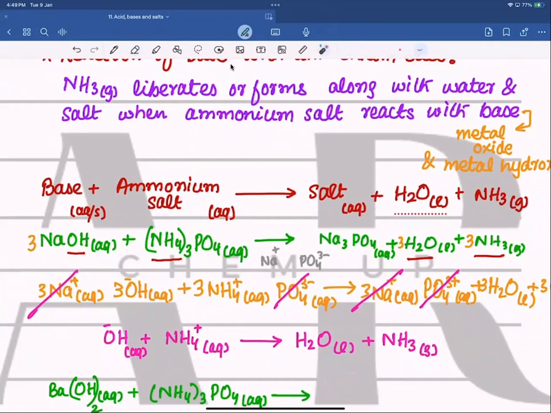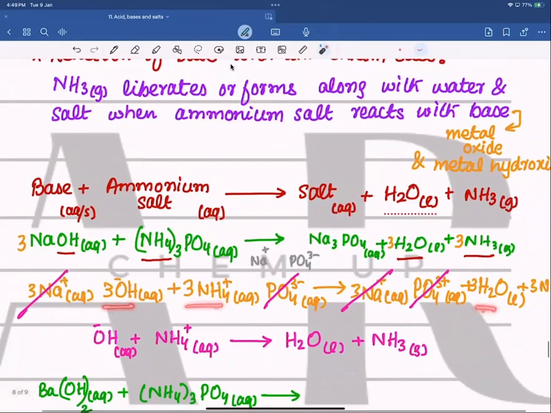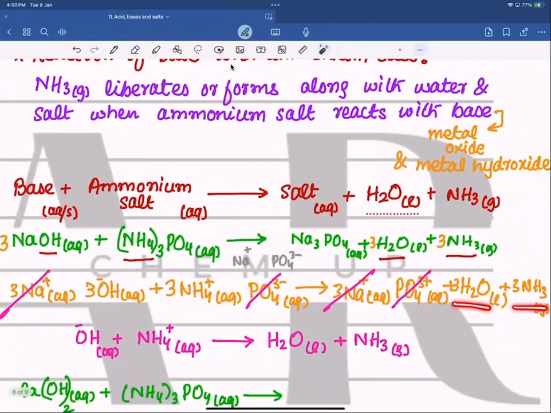The thing is, if you see how many OH are here, how many ammonium are here, how many water are here, and how many ammonia are here, all are 3, 3, 3, 3. So it can be simplified to 1, 1, 1, 1. If they are in different ratios, then we keep them the same.